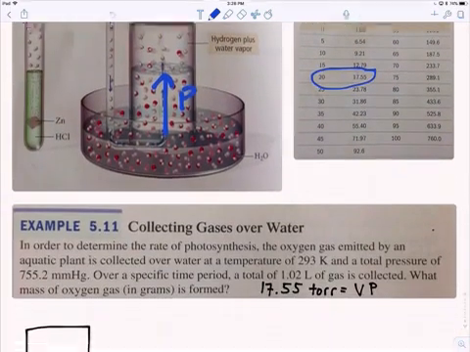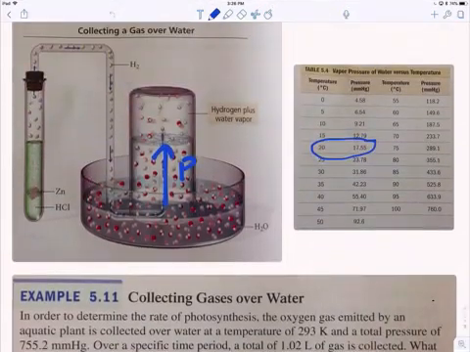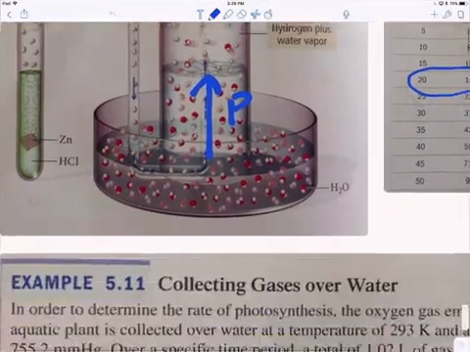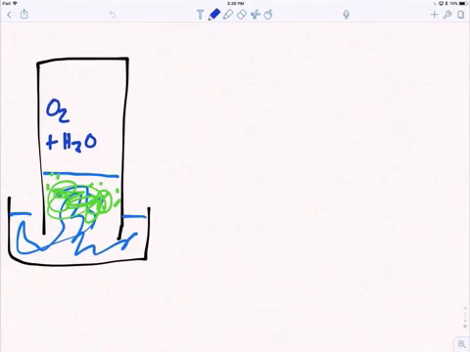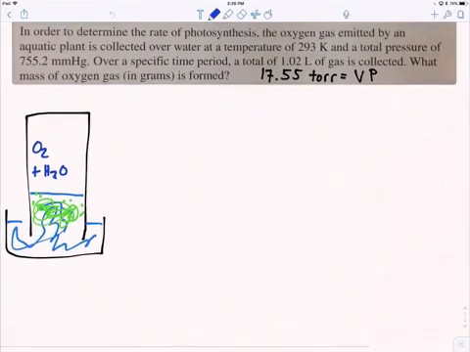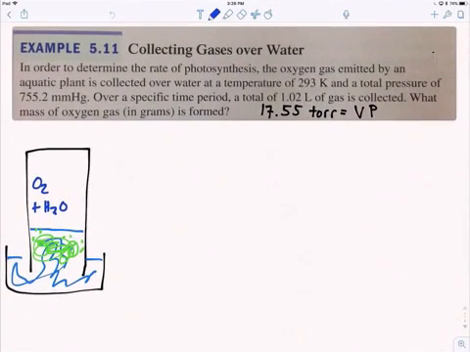So similar to this figure here, look at this beautifully drawn figure, and this looks exactly the same thing, right? All right. So this problem here, in order to determine the rate of photosynthesis, oxygen is emitted by an aquatic plant, collected over water, temperature at 293 Kelvin, also 20 degrees Celsius, and a total pressure of 755.2 millimeters of mercury.